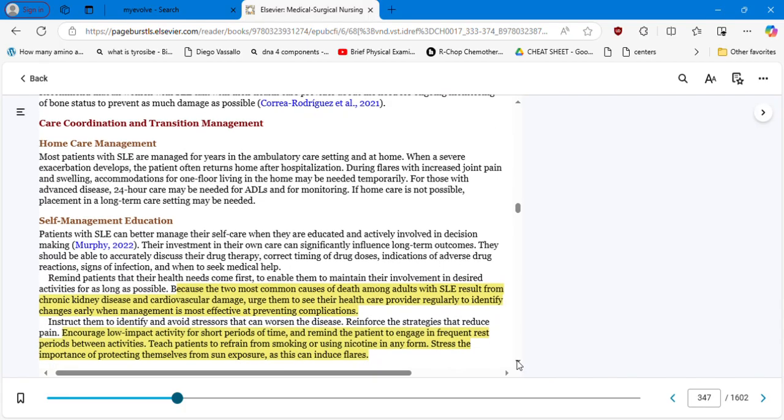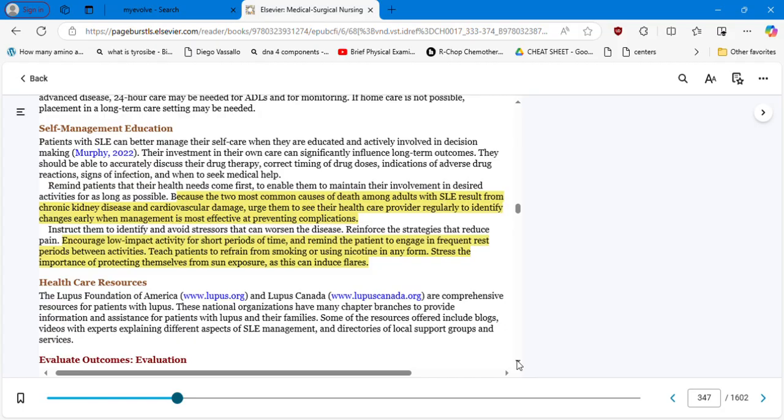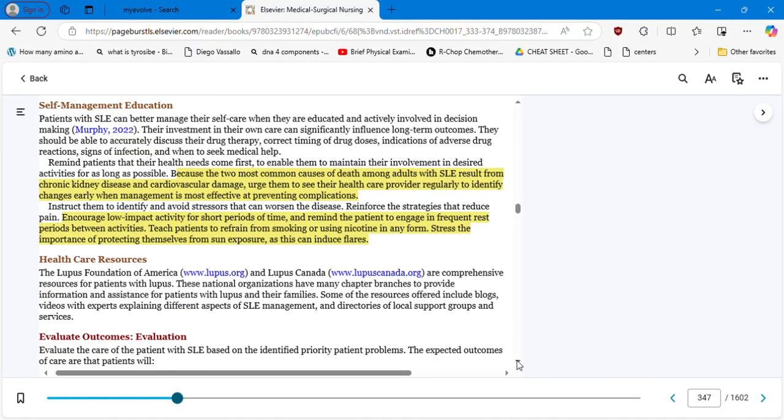Okay, and then the book is talking about home care management and self-management education, because the two most common causes of death among adults with SLE result from chronic kidney disease and cardiovascular damage. First of all, let's remember that this disease is not fatal. Whenever they are diagnosed with SLE, they believe it's fatal. But if we diagnose the condition early and the patient is taking the medication, they can live with all these precautions.